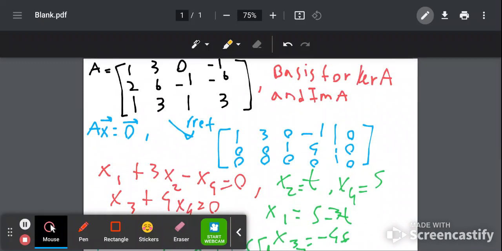So we don't really need column 4 and column 2. So in this case, the basis of the image, again, it's a good thing to remember, is the columns that have a leading 1 after we do the RREF. In this case, this column and this column. But we don't write it as (1, 0, 0), (0, 1, 0). We go back to the original matrix.